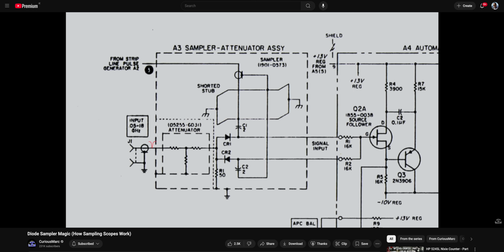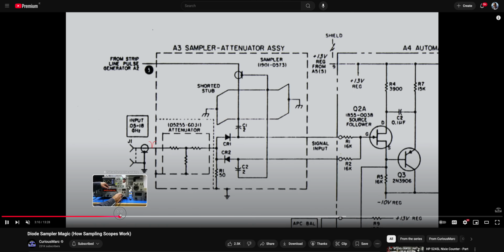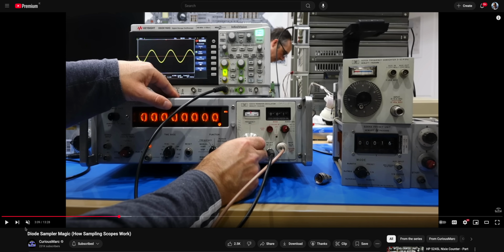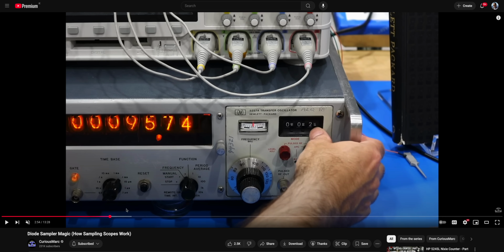But the concept is the same: we have a very fast signal at the beginning. In this case, this was designed to provide this frequency meter with a way to count much higher frequencies.